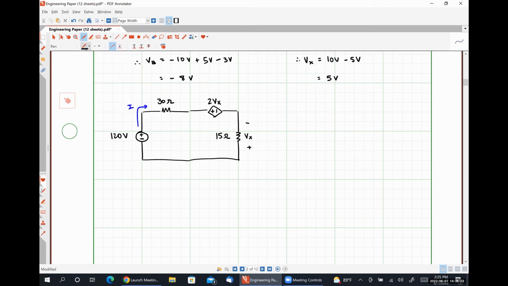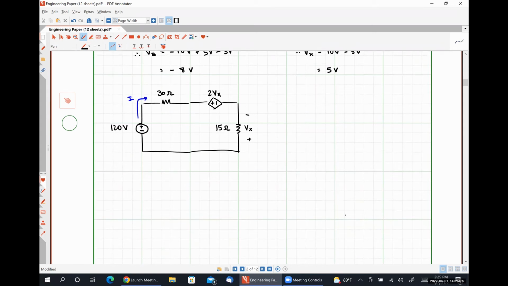So if I write the KVL equation for this circuit, what I have is negative 120 volts. And then I see the 30 ohm resistor, okay? Now, I don't know what the polarity of the voltage drop across the 30 ohm resistor is. I can't simply ignore it, so I just have to assume it.